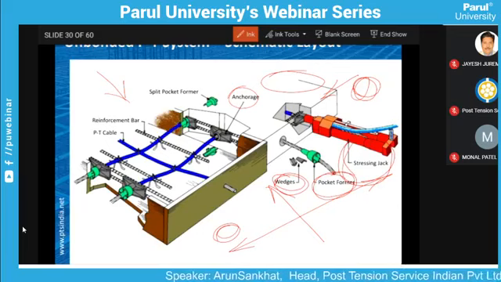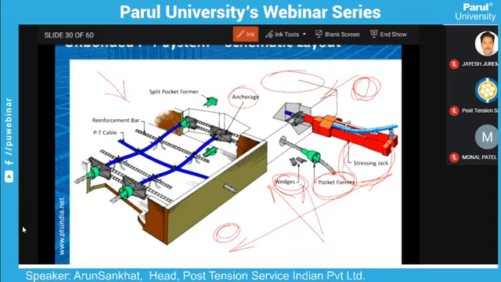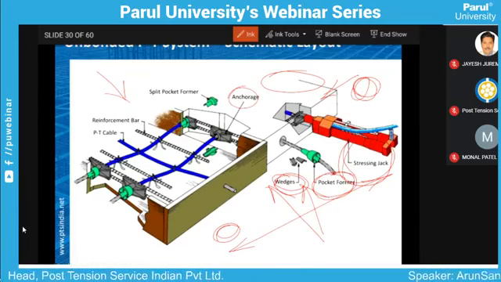Once it reaches the required force, these wedges are self-locking. So these have one-way action, and they will be self-locking once enough stressing is applied to the cables.